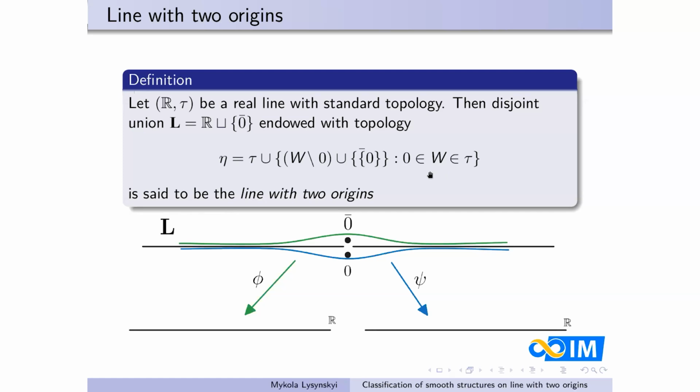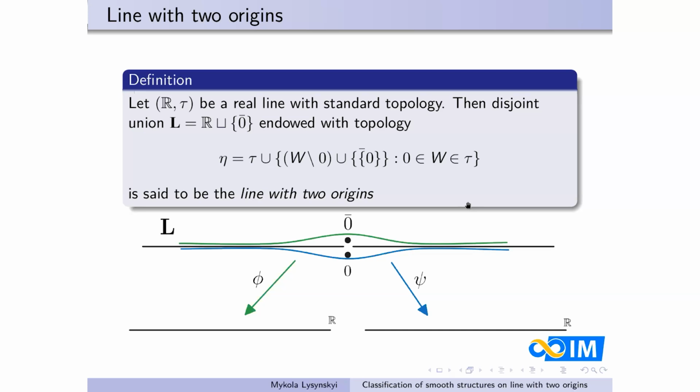This space also can be defined as a quotient space of the disjoint union of two copies of R, in which we make all points, except zeros, equivalent with each other. Or we can consider the foliation of the real plane by parallel lines and exclude one point like 0.